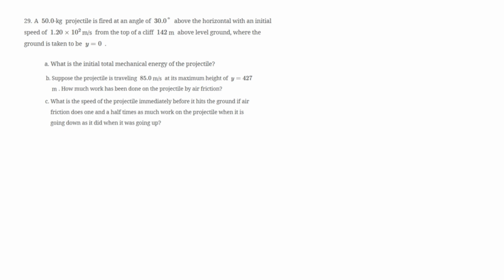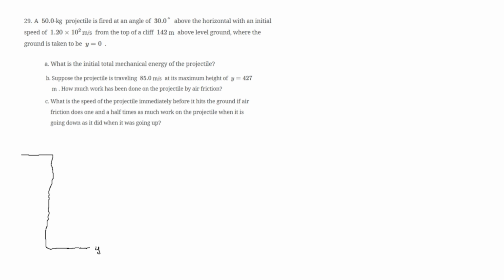So let's see what we have here. Basically, let us just make a sketch. These sketches are always very helpful. We have here the curve, and this is y equals 0, where we have the ground.